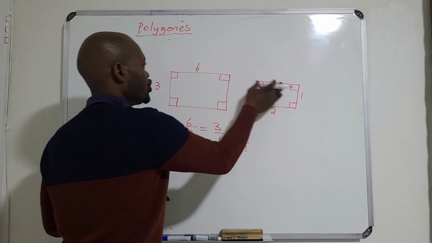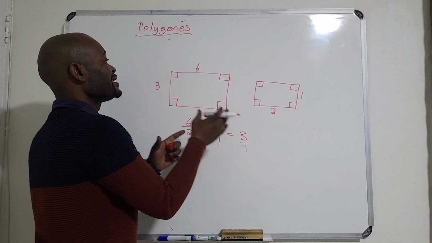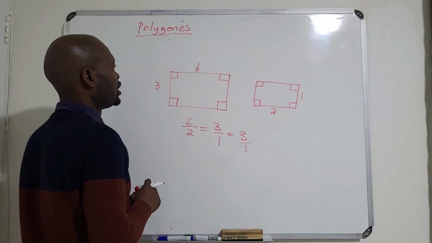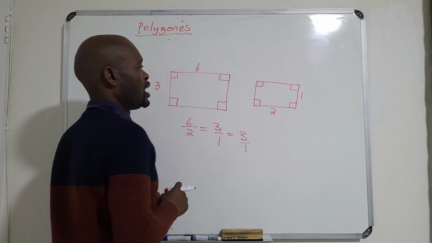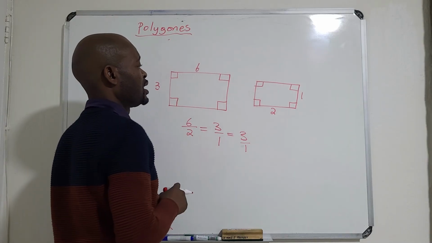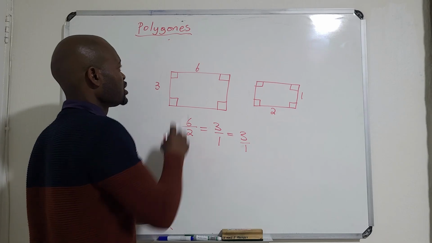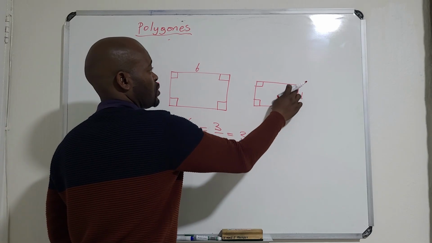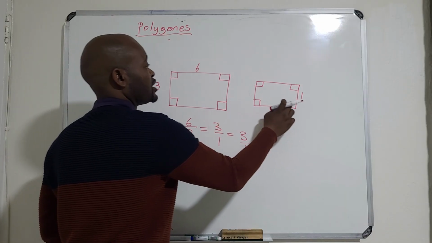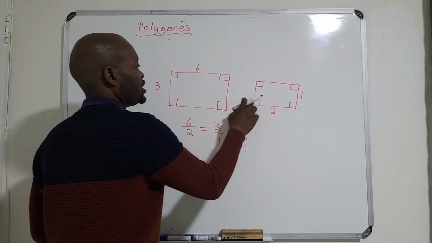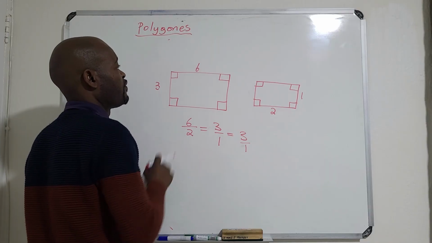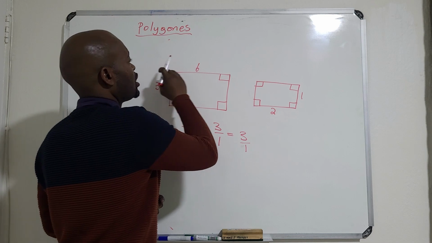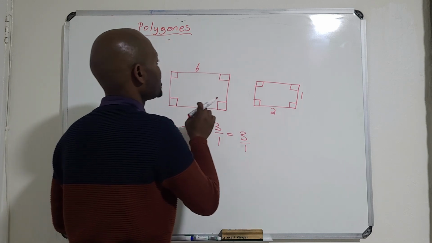Now, these two rectangles are similar because sides are in proportion and corresponding angles are equal. This angle is equals to that angle, this angle is equals to that angle, this angle is equals to this angle, this angle is equals to that angle. Therefore, corresponding angles are equal and corresponding sides are in the same ratio.